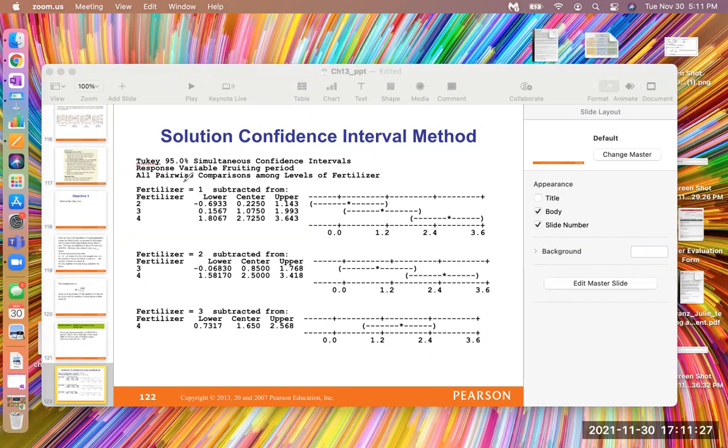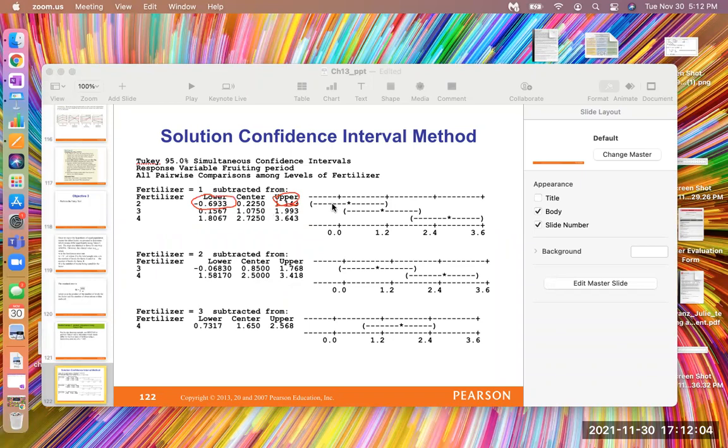They compare fertilizer 1 subtracted from fertilizer 2. They do a confidence interval for the difference between the two, and say they are 95% confident that the difference in the fruiting period between fertilizer 1 and fertilizer 2 is between negative 6.9 and 1.1. See these numbers, the lower and upper.